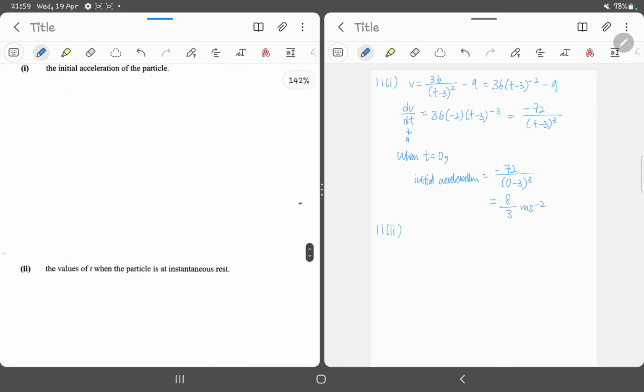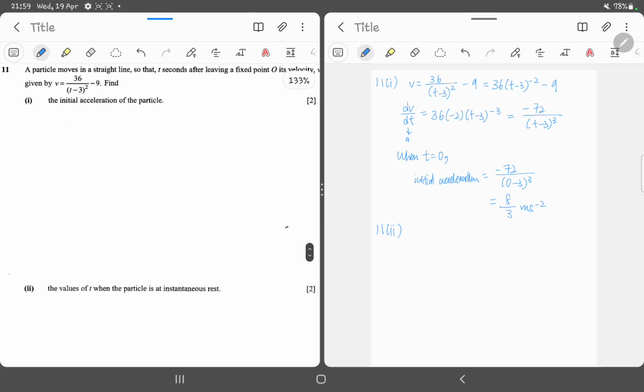Find the value of t when the particle is at instantaneous rest. So at instantaneous rest, v equals 0. So what we do is we equate 36 over (t minus 3) whole squared, minus 9 equals 0.